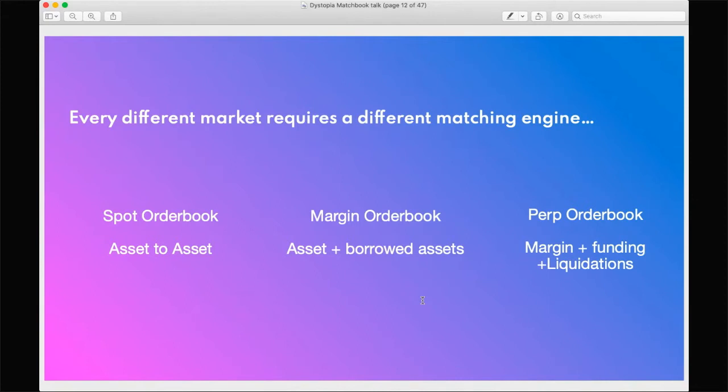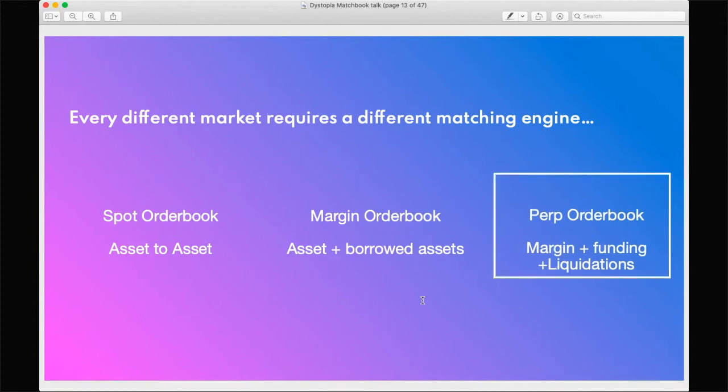For perp order book, it gets even more complicated because now you have liquidations involved, and sometimes it could be quantitative liquidations, it could be inverse liquidations, these could be linear liquidations, and then there is funding involved, and then there's already this margin component there. So for today's talk, I'm going to focus on this perp order book part.